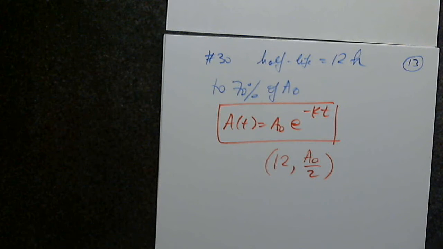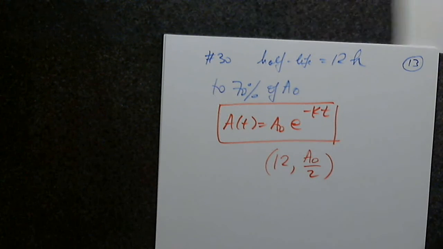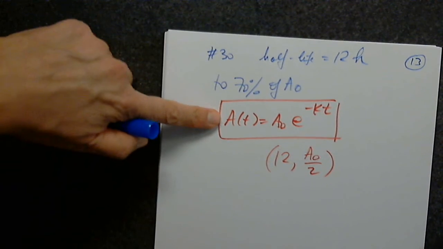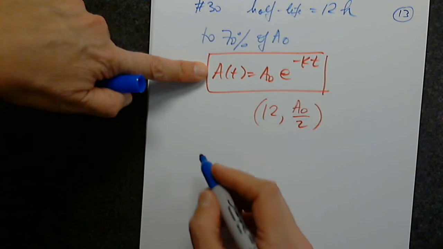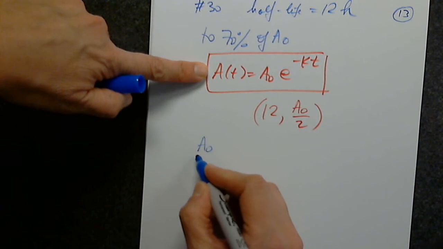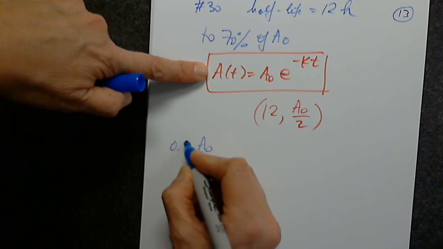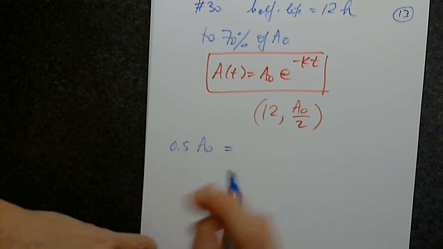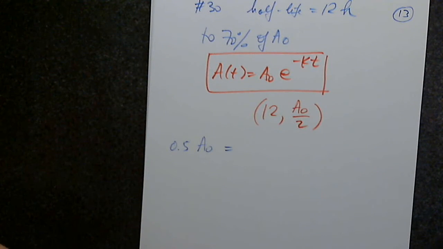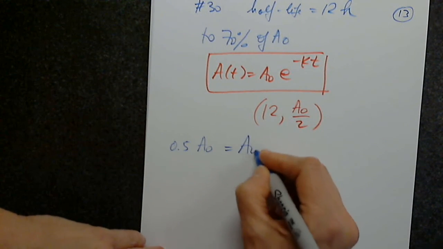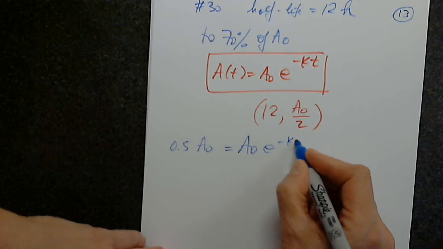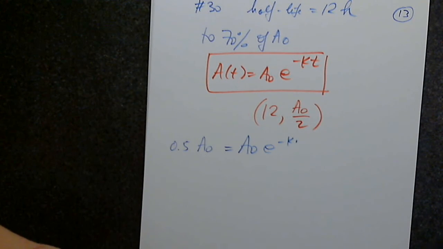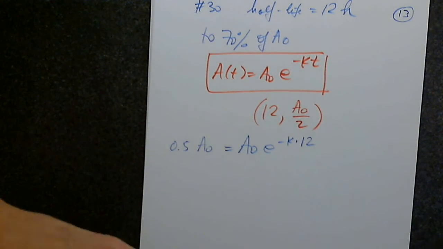I need this point put in the function, in the model. And I'm waiting for you to tell me what to write. We start with the left-hand side. Or if it's easier, you can write it as 0.5 or 50% of A0 equals, yes, times e to negative k times, exactly.